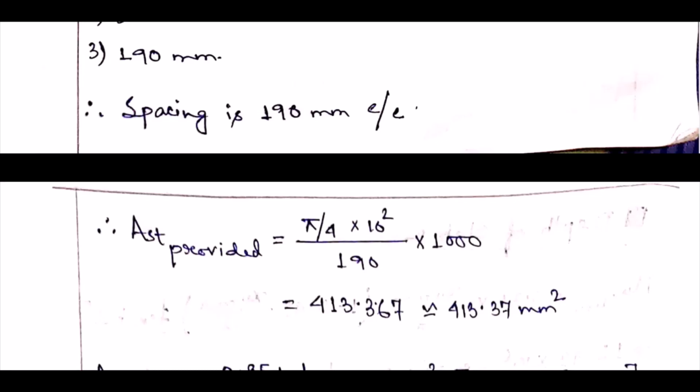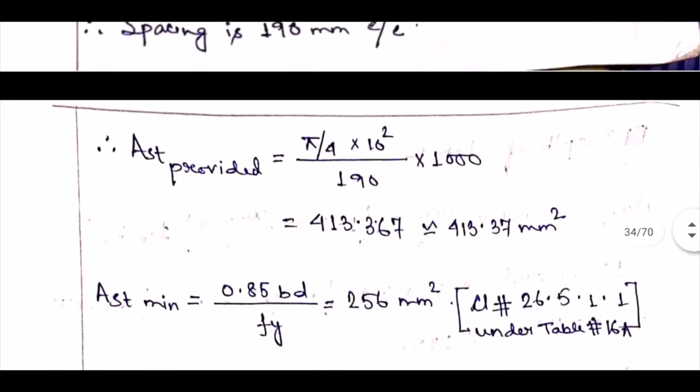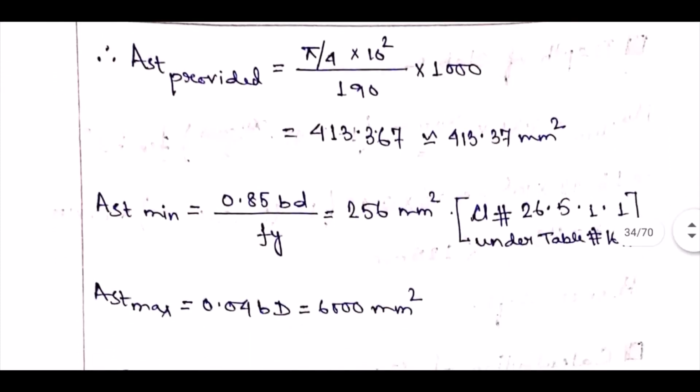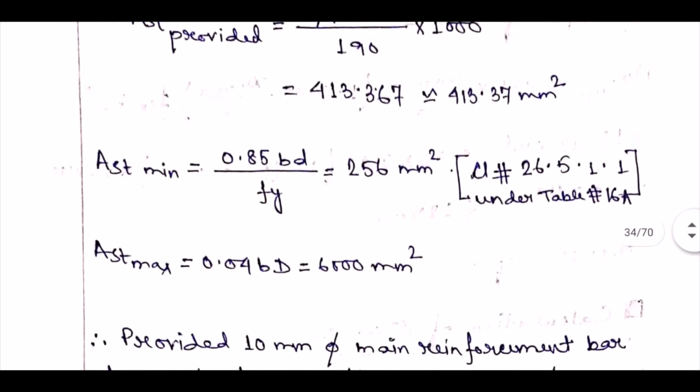As we have reduced the value of spacing, the provided steel area is increased. But there is a condition of minimum reinforcement and maximum reinforcement in clause number 26.5.1.1 under table 16A.